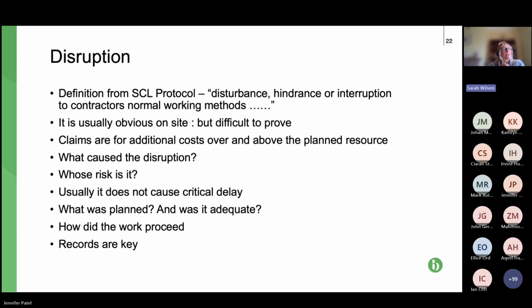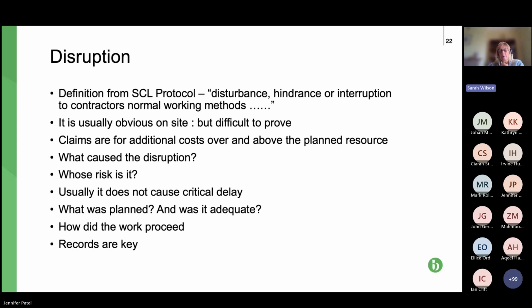And because of that, you often have to show, this is the third bullet point from the bottom, what you'd planned to do and the resource, and to show that that was adequate. So it's absolutely clear that the contractor's not saying, oh, I was disrupted, I had to bring 2 extra people onto site, whereas the reality was what they had planned was never realistic. They only ever had 3 labourers on site and 5 were always required. So how did the work proceed?